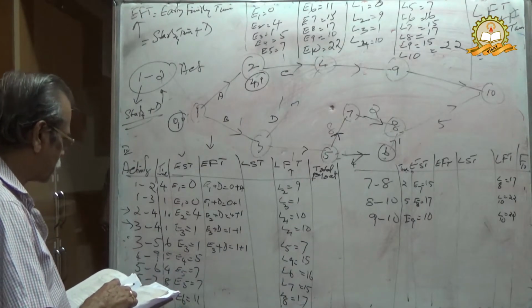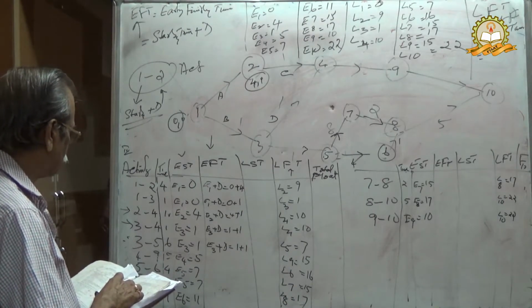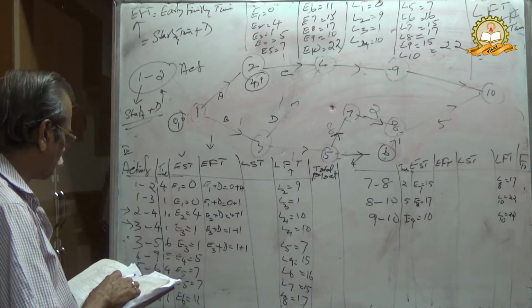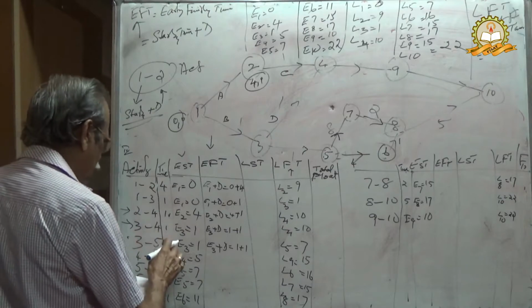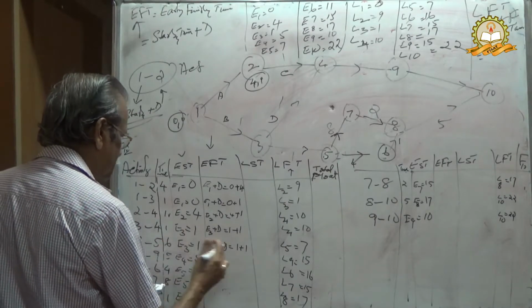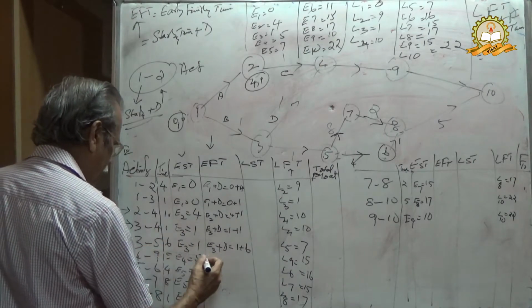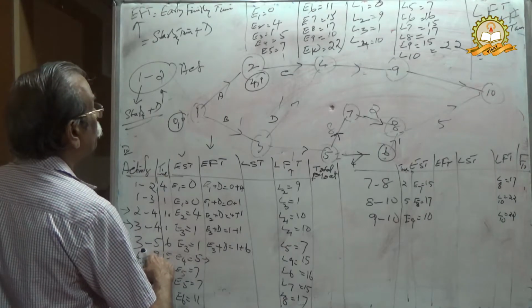Then you consider 3 to 4. One column left out, 3 to 4 you have written. Then you have 3 to 5. E3 plus duration is 6, gentlemen. Here it is 6. Then 4 to 9. E4 equals 5.